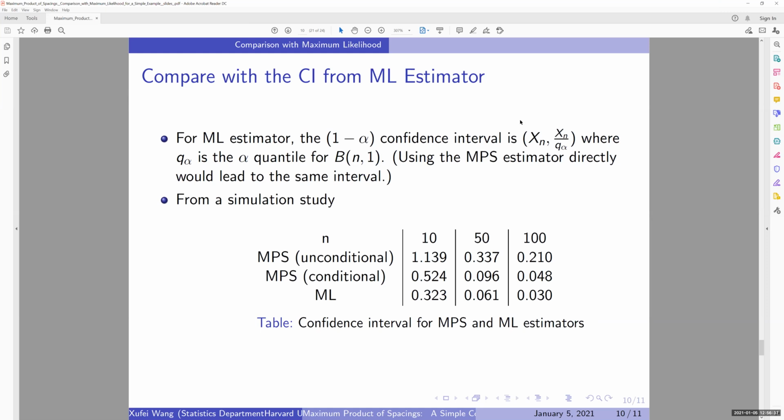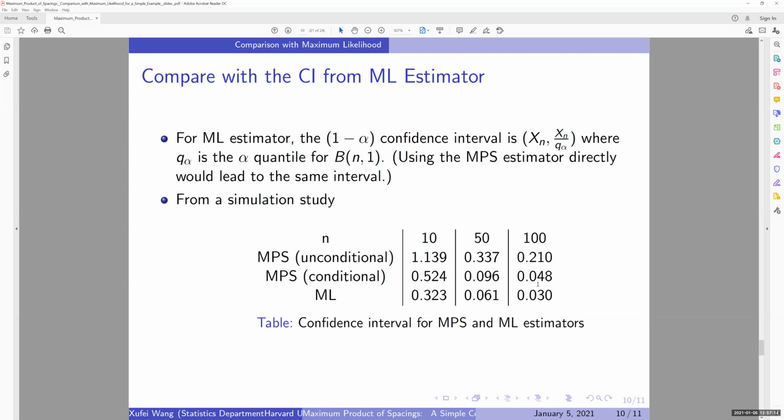That n should be the order statistic x_(n). We find that the length of this confidence interval, for the unconditional MPS, is much larger than the MLE, around 7 times larger when we have 100 observations. For the conditional one, the confidence interval is much smaller than the unconditional one, around 3 or 4 times shorter, but it's still larger than the MLE.